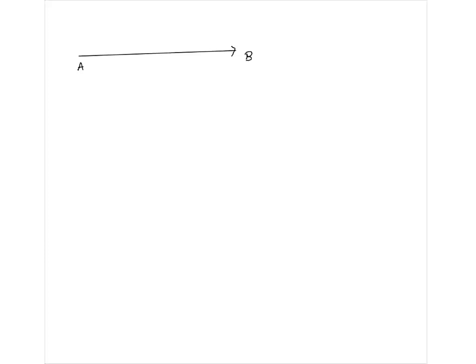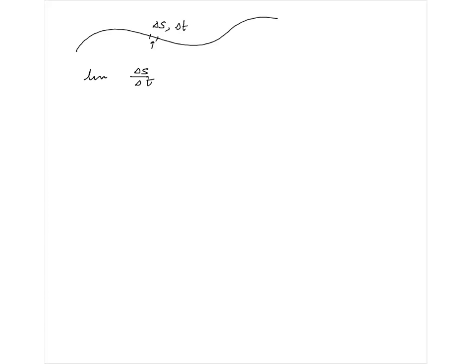Basically what we are doing is this. Suppose we want to know speed here, the true speed, then we will take a very small distance, call it delta s. Suppose that distance is covered in delta t time. Then the average speed in this interval is delta s by delta t. Now make delta t very, very, very small.